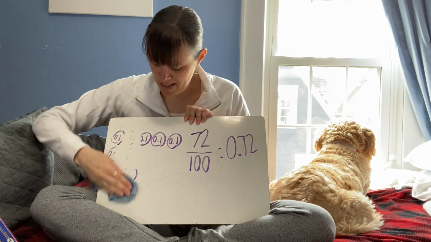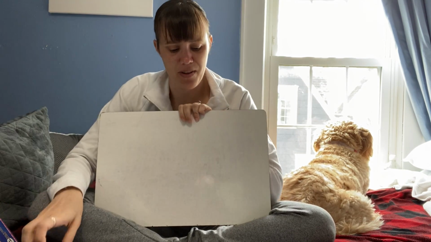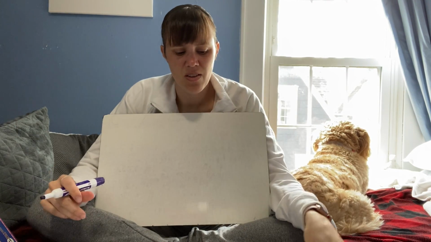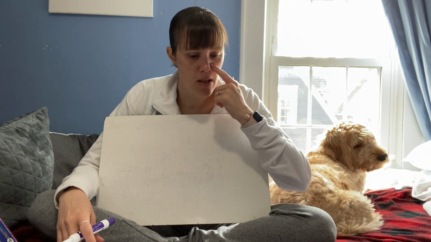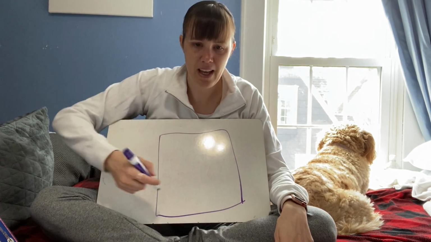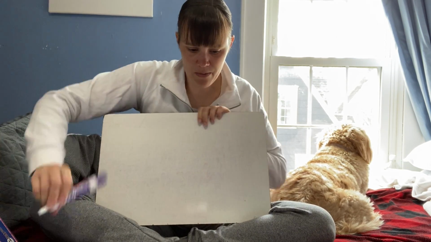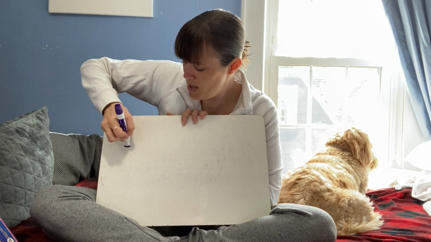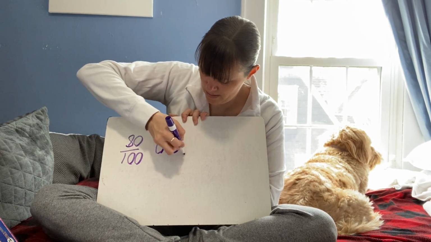And F, we'll take a look at F. F says 80 hundredths. Do we really want to draw 80 hundredths? What is the same as 80 hundredths? Think back, even if you want, you can look at your giant area model. 80 hundredths is going to be the same as what? I'm going to write it 2 ways. I'm going to write 80 hundredths, and I'm going to write it like this.